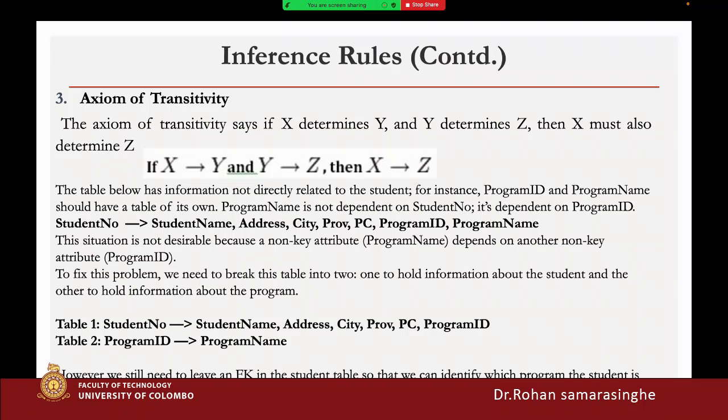We still need to leave the foreign key in the student table, so that we can easily identify which program the student is enrolled in by placing the primary key of the program table in the student relation.